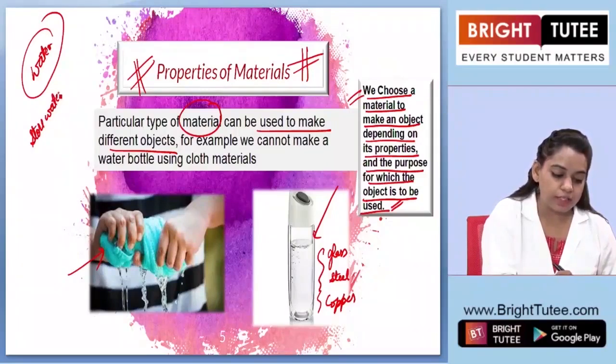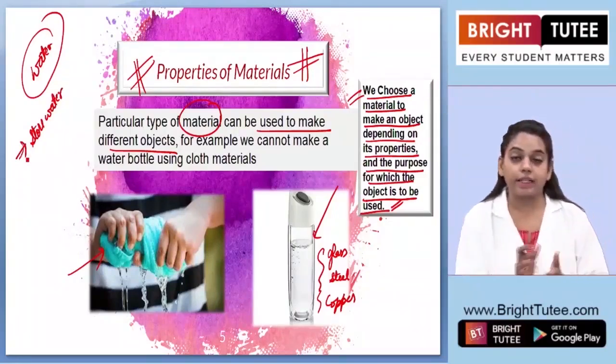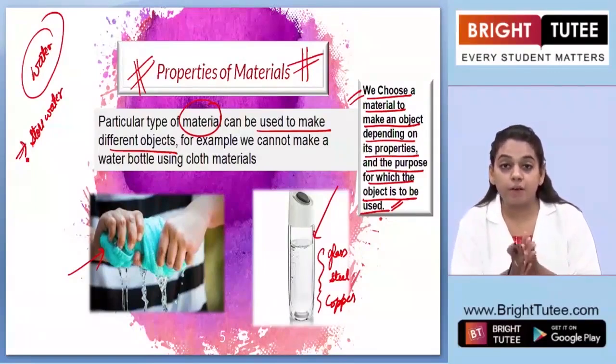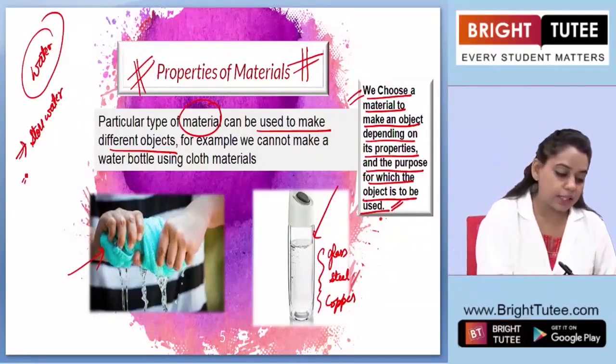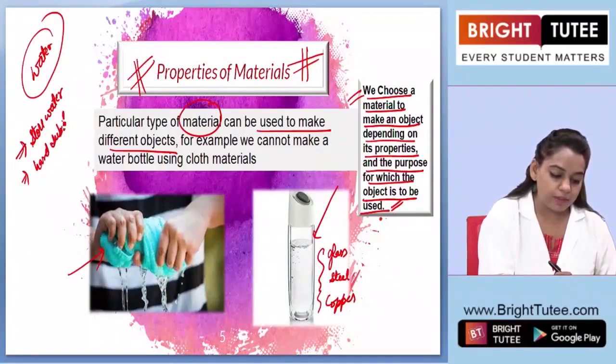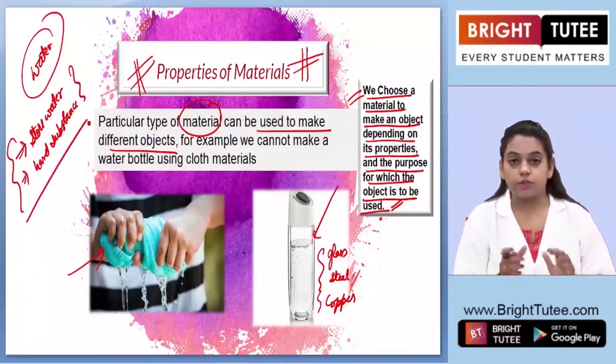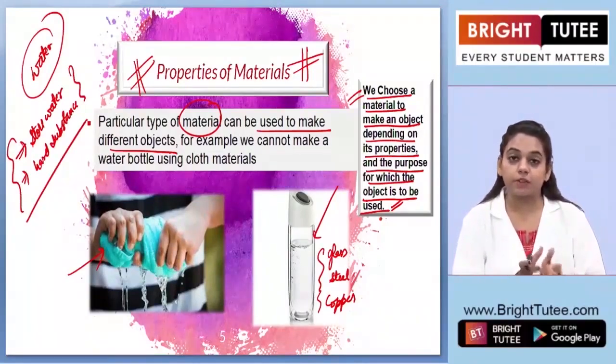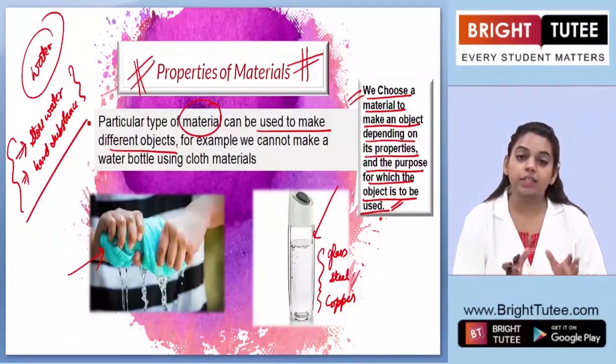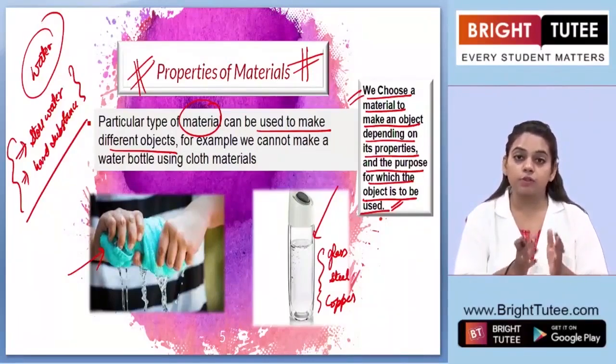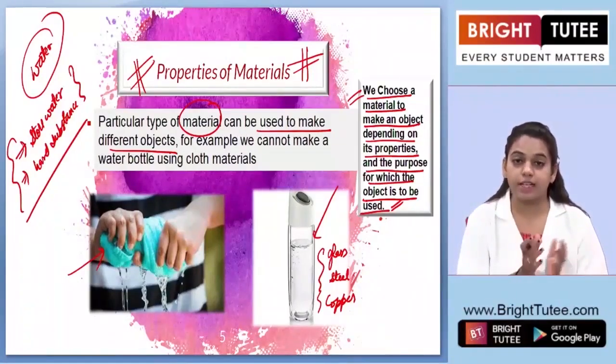How did we select the material to make a container for water? By looking at its property, that is, we selected a hard substance wherein we can store or hold water. So we choose materials based on their properties and the purpose of the object that we are making.